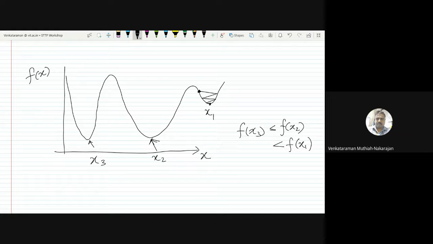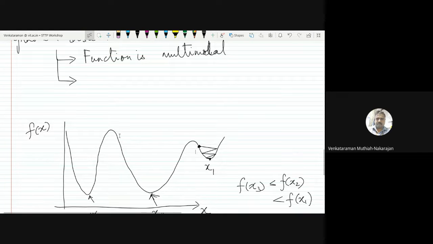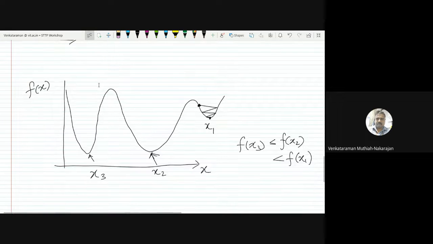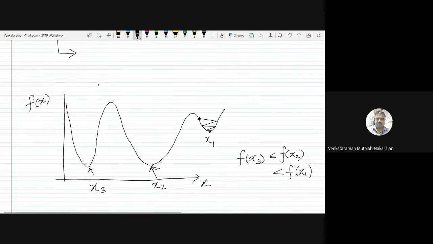So these have a problem with multimodal functions. Gradient descent, or the class of gradient descent algorithms, do not help us when there is more than one minima, unless you have some picture about the function and you choose the right location to begin with. This is not guaranteed always.